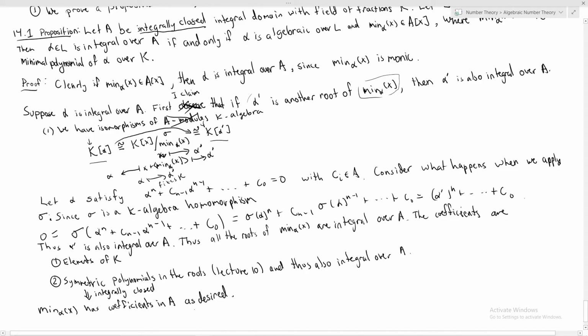So what did we use here? The most useful fact was that we had an isomorphism of K algebras. That allowed us to show that the roots of the minimal polynomial were all integral, therefore the coefficients had to be in A because A is integrally closed.